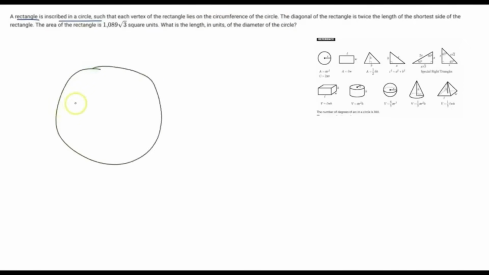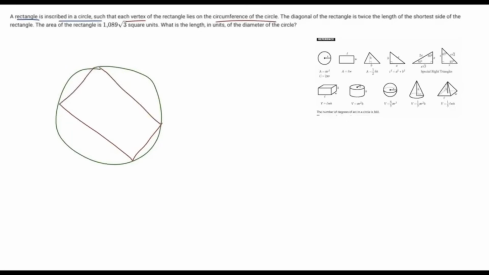I'm going to draw a circle and then draw a rectangle, such that each corner of the rectangle lies on the circumference of the circle. So one corner goes there, boom, and the corners of that rectangle are going to be on the circumference of the circle.